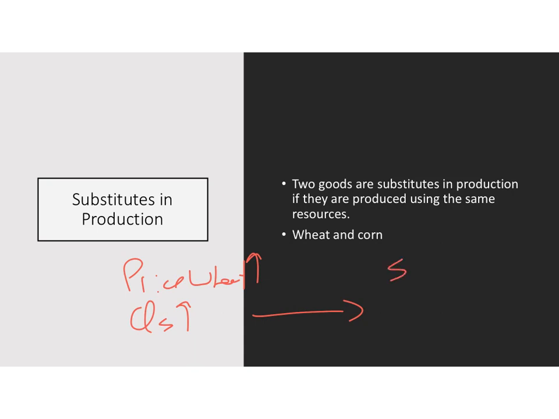So the supply of corn will decrease. So in this case, we see the relationship between two goods that are substitutes in production. If the price of wheat rises, we see a decrease in the supply of its substitute, corn.